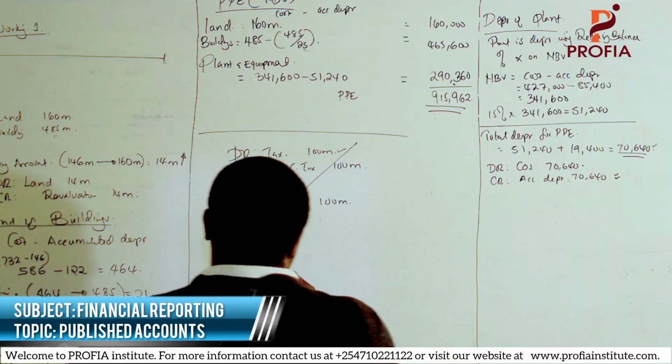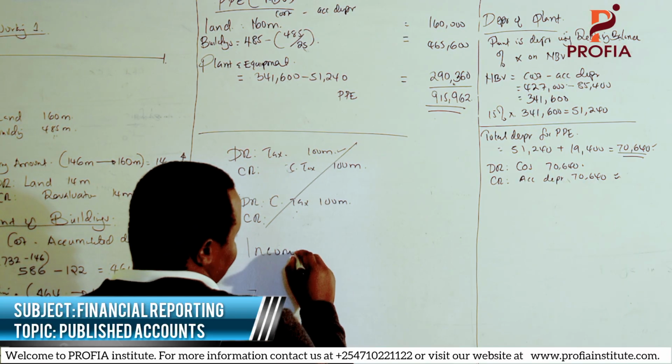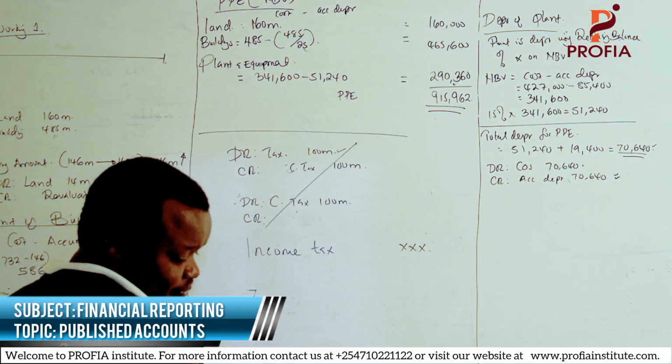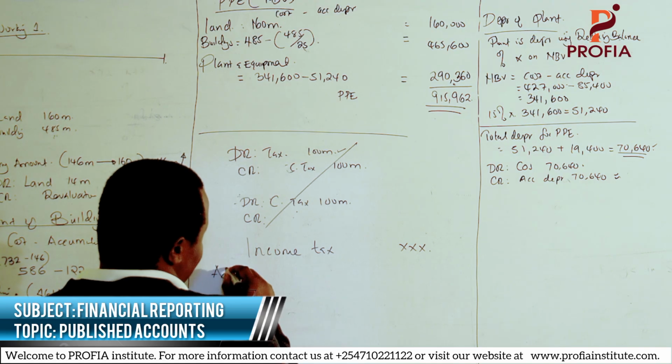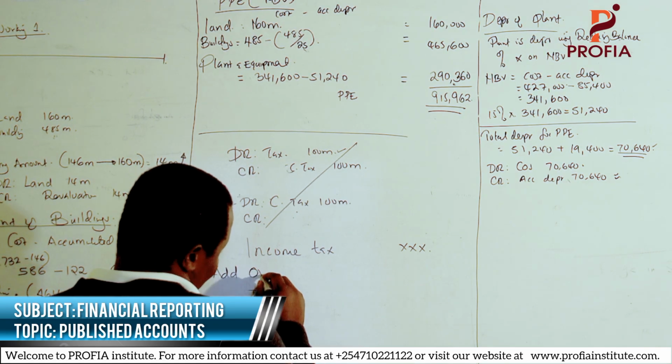We need to have, it is calculated as follows. Income tax, we have income tax. Then we say add over provision.